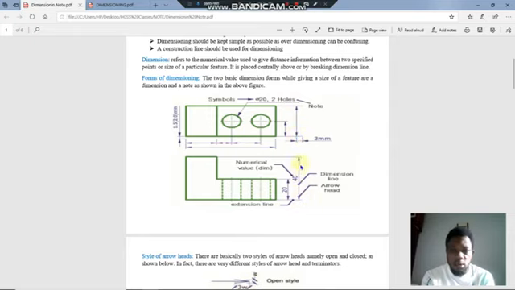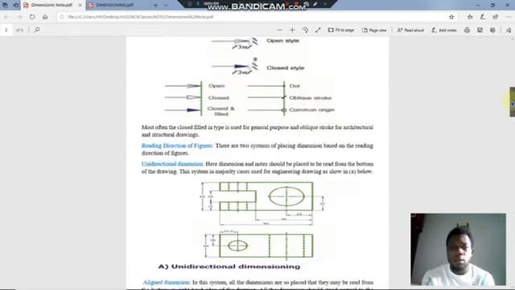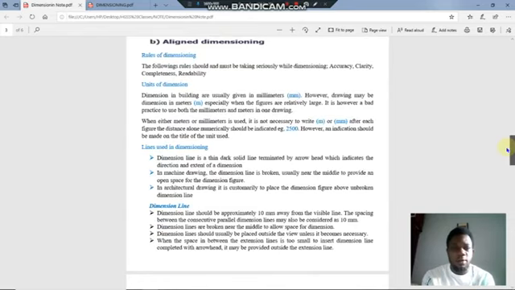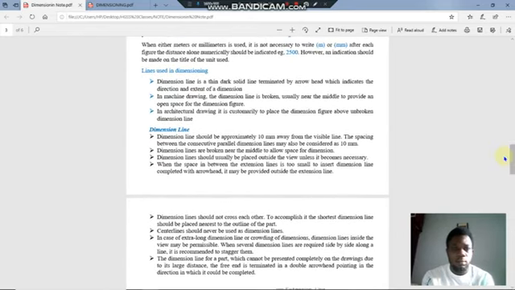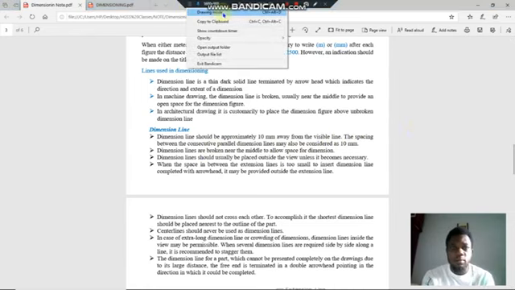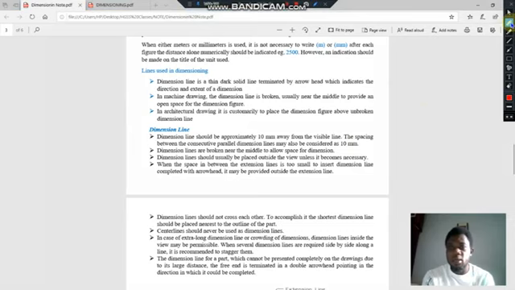The dimension line should be approximately 10 mm away from the visible line. Now a situation where you have, supposing we have this as an object.